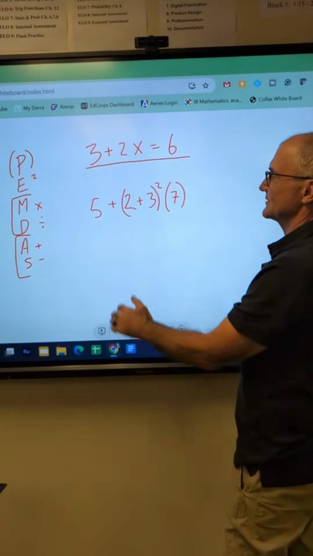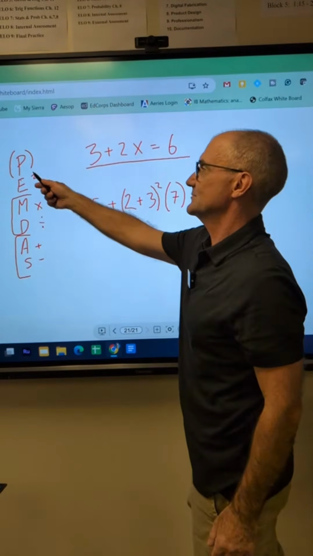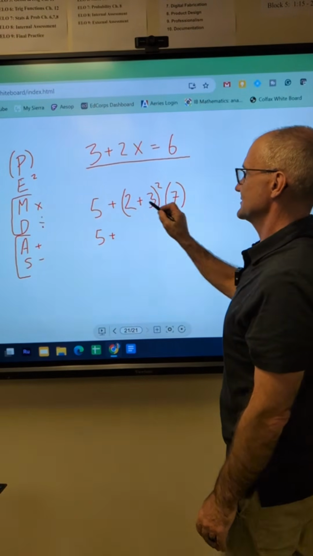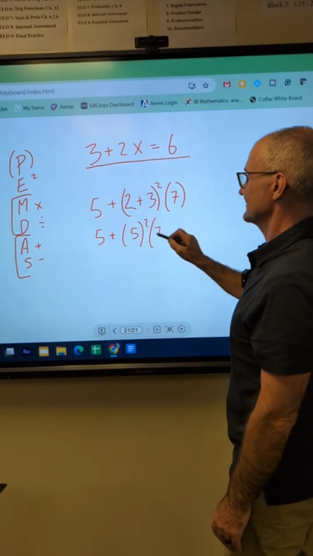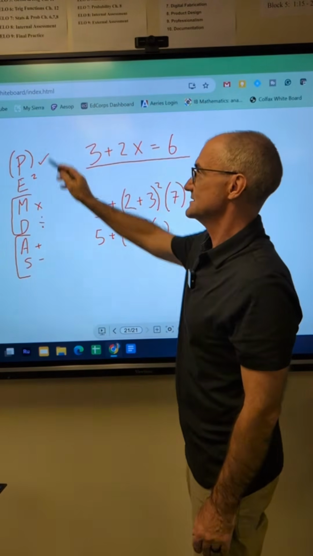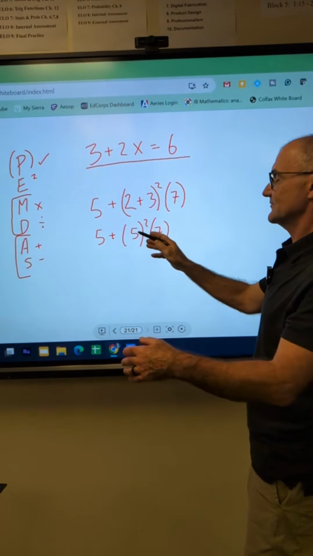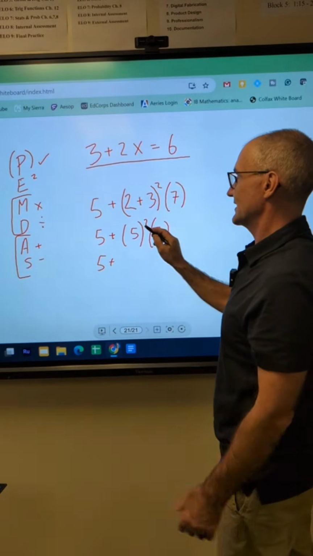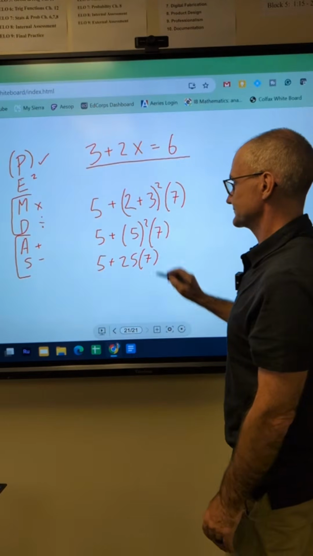There's nothing to do but simplify it. So if I have this expression here, I have to do my parentheses first. So I still have that 5 plus 2 plus 3 is 5 squared times 7. So I did my parentheses. Now I'm doing my exponents. That 5 squared means 5 times itself. So I have 5 plus 5 times 5, 25 times 7.